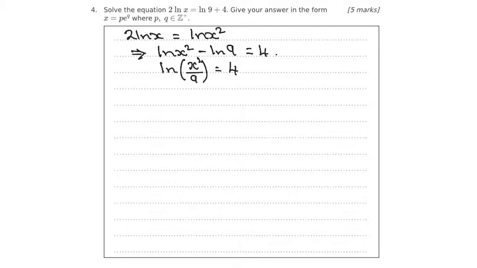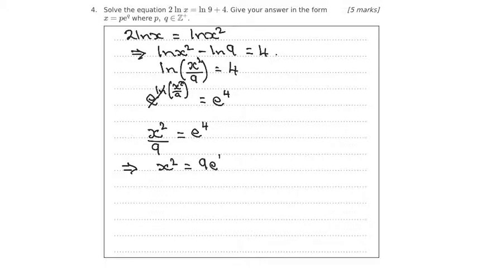Now raise to the power of e, so you get e to the log x squared over 9 is equal to e to the power of 4. These cancel each other out, so we get x squared over 9 is equal to e to the power of 4. Therefore, x squared is equal to 9e to the power of 4.